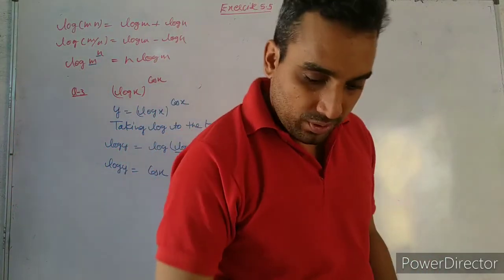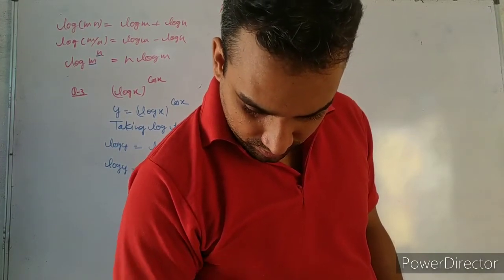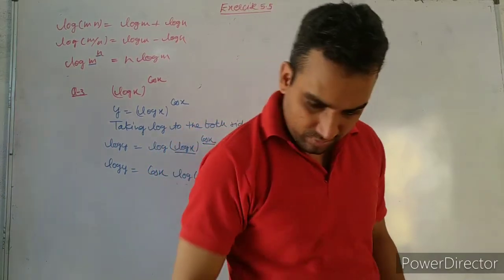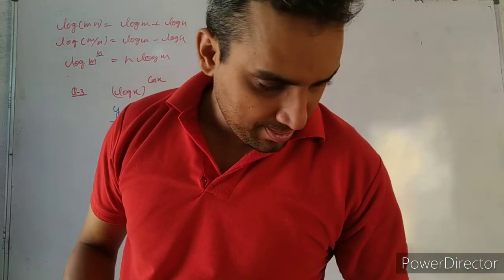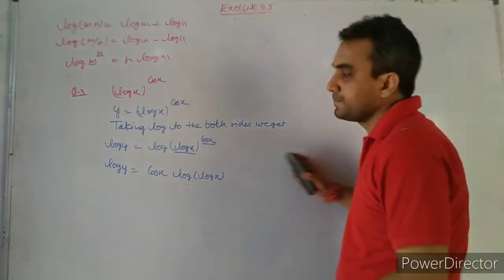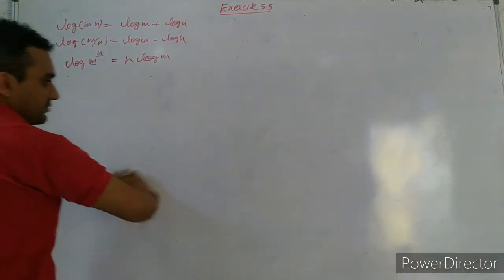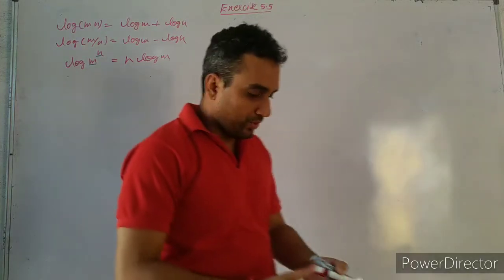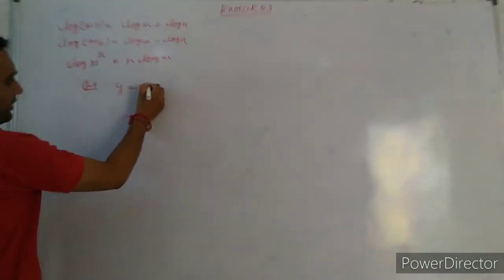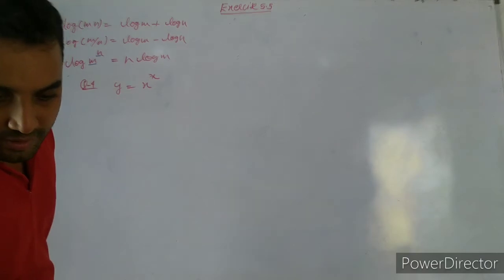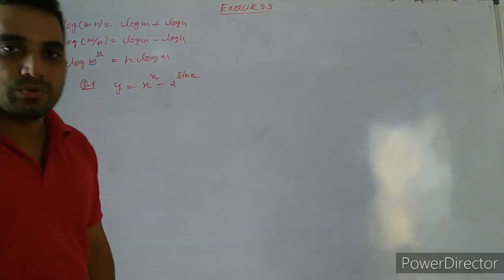Again moving towards question number 4. So students, in question number 4 we have a function y equals x to the power x minus 2 sine to the power x.